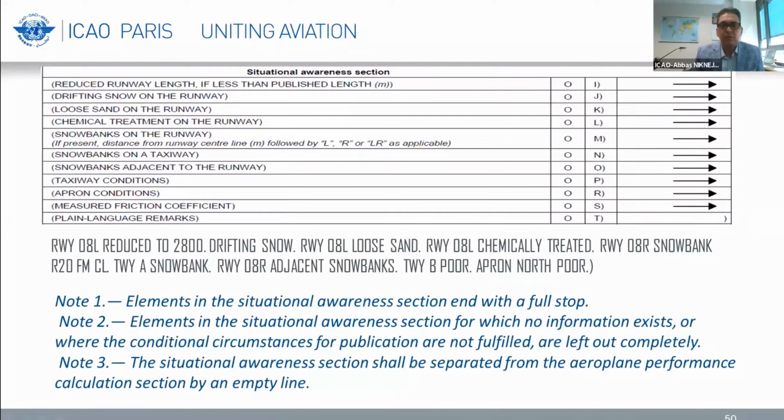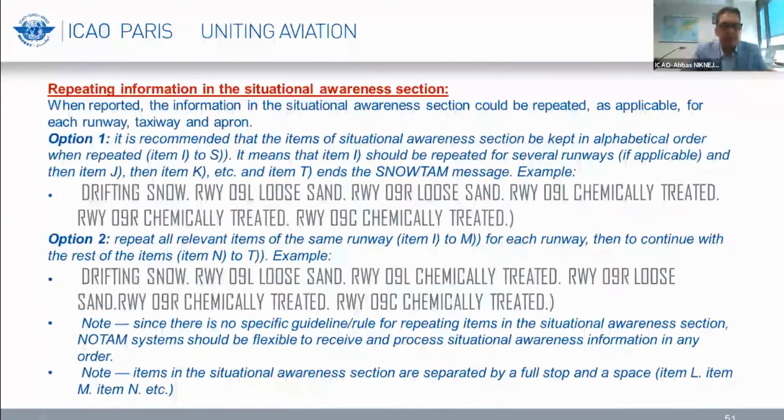So there is no need to put anything there. And after the aeroplane performance section, you have to leave one line empty and then start the situational awareness section if information exists. And I will show you a complete example later.